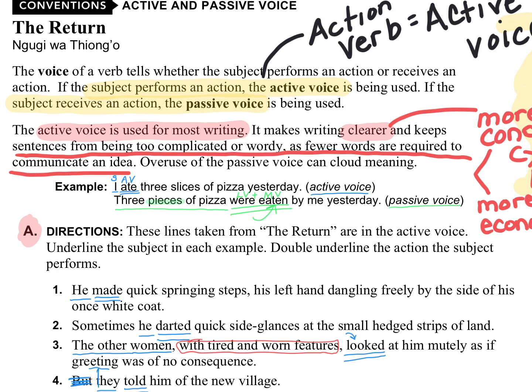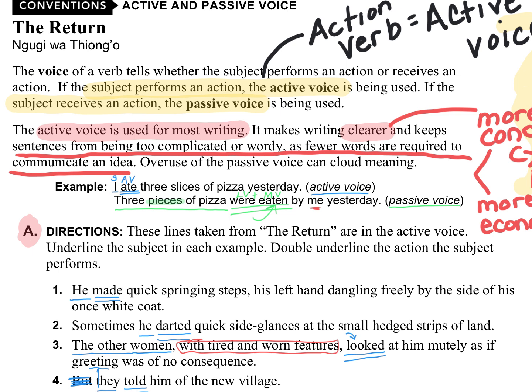Using fewer words, improving the clarity by writing it in active voice. We need an action verb, okay? So who did the action? Who was the one eating? Well, it was me, at the end.